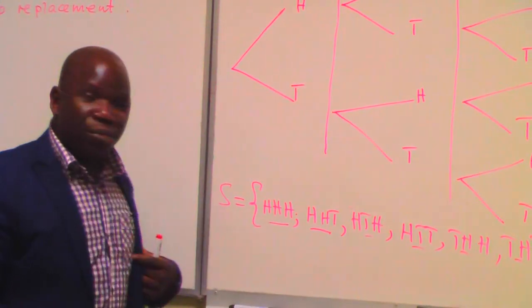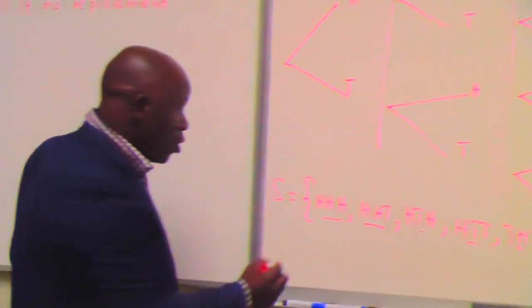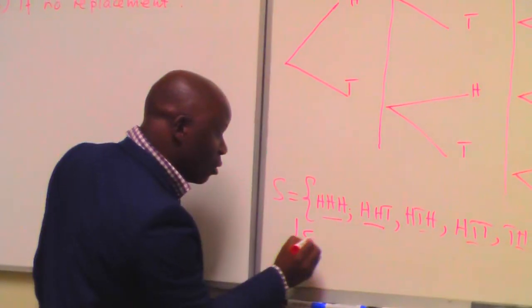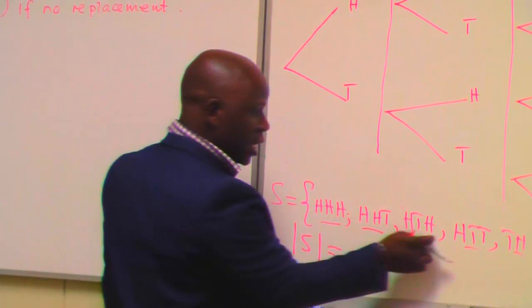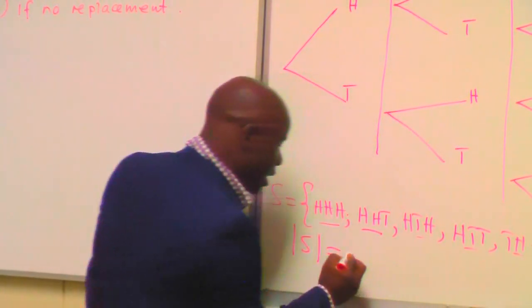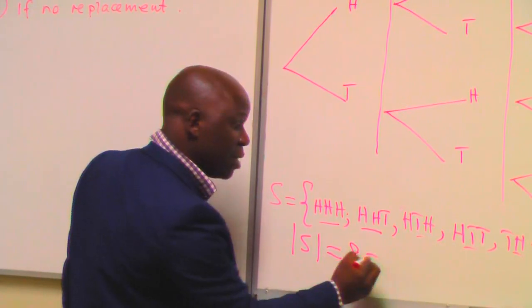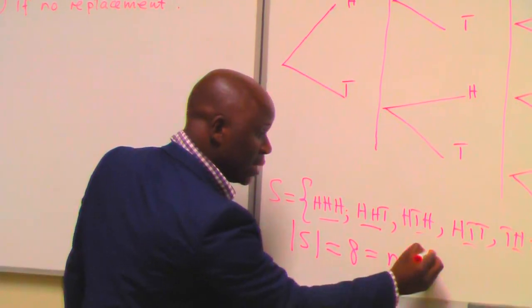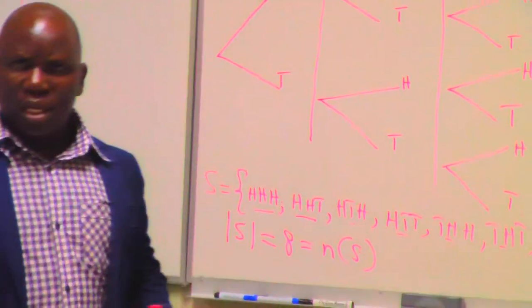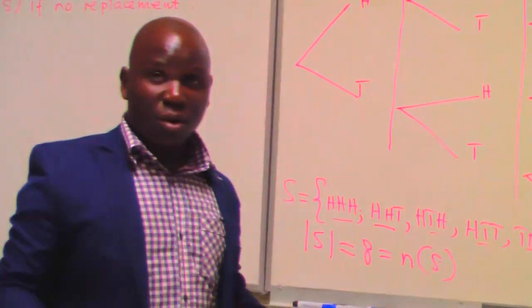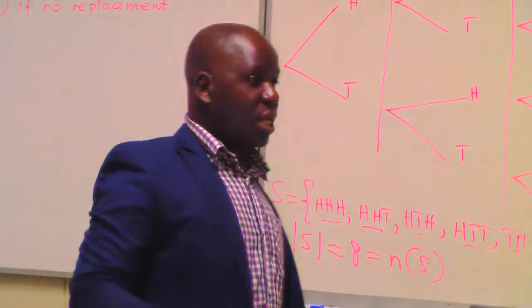And remember from the work that we were doing, you can now say the cardinality of the sample space for this particular experiment will be 1, 2, 3, 4, 5, 6, 7, 8. The cardinality will be equal to 8. Remember the cardinality, we are simply looking at the number of elements of that particular set. And a sample space being a set, we can also define its cardinality, the number of elements in that particular set.